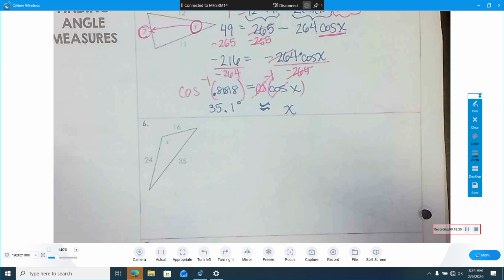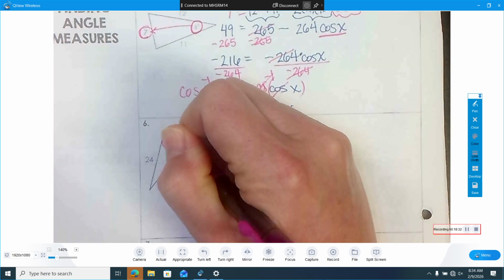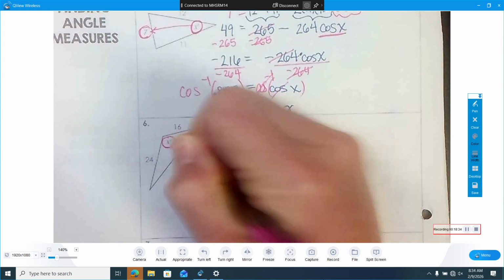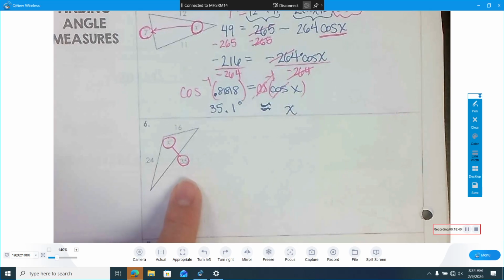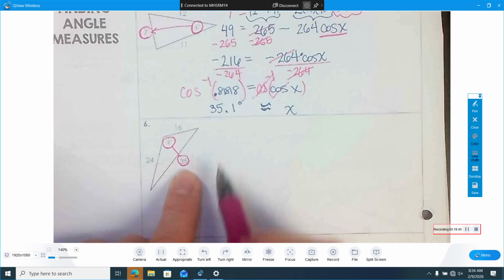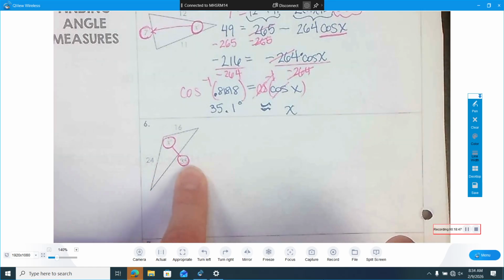Number 6. We have an angle and its opposite side. Two important parts of law of cosines. So we're going to start with the opposite side squared.